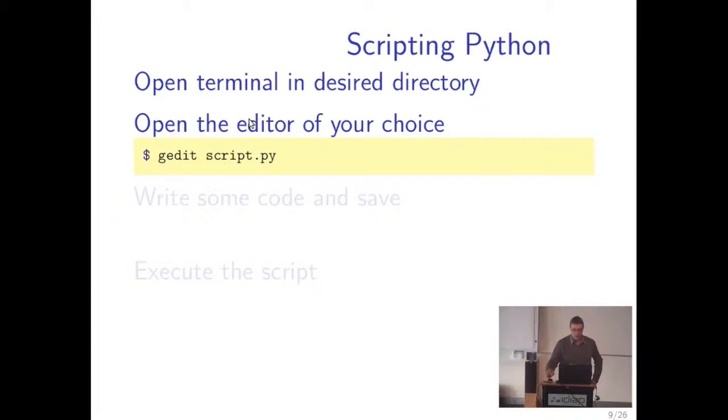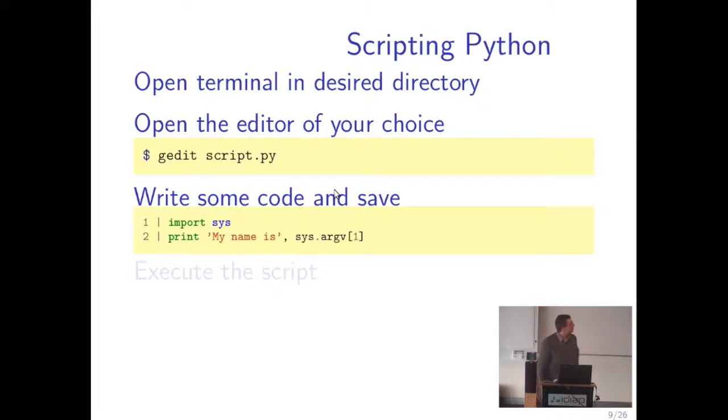You already have done that, and you open the editor of your choice, a normal text editor. In this case, we will use gedit. You give it the script name, which should end with .py. And when you have done that, you can write some code and save that.